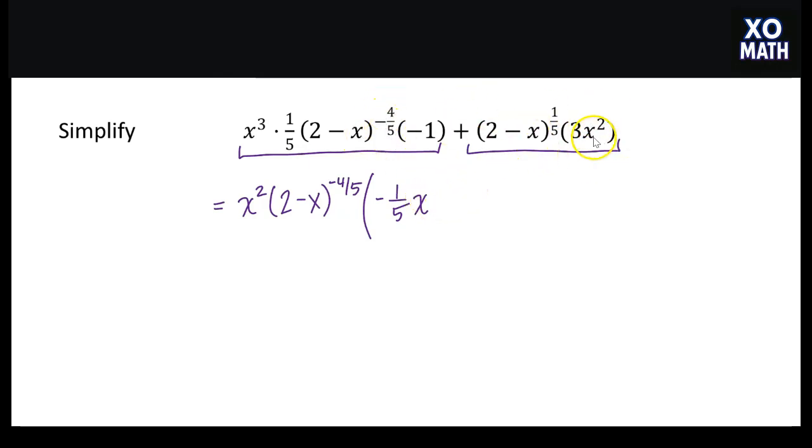From the second factor, we have the numerical factor of 3, so we're going to have plus 3. We factored out all of x squared, and the binomial factor, we're going to have the quantity 2 minus x to the 1/5, but we factored out, so we're going to subtract negative 4/5.